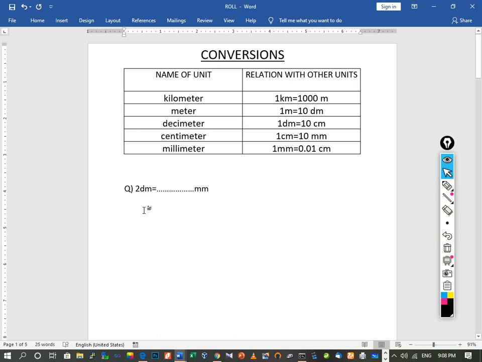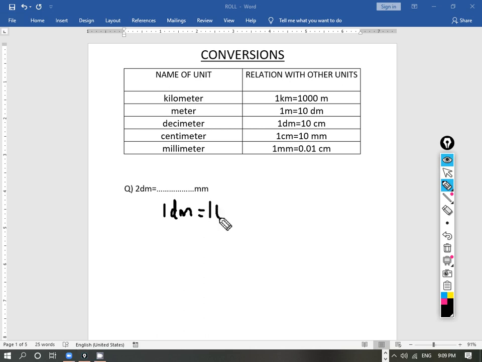Our next question is to convert 2 decimeter into millimeter. So from here you can see that 1 decimeter equals 10 centimeter.